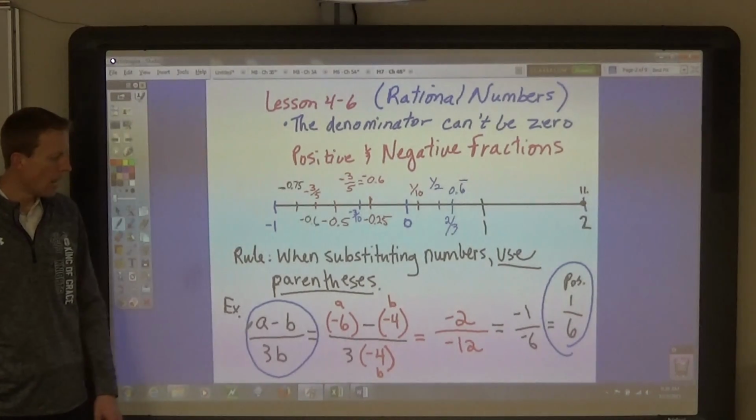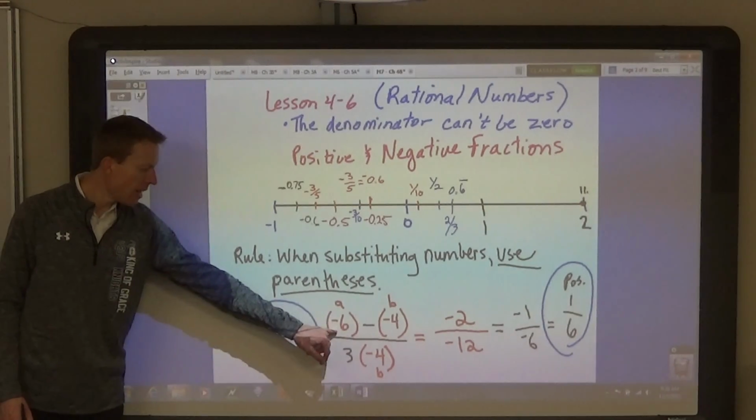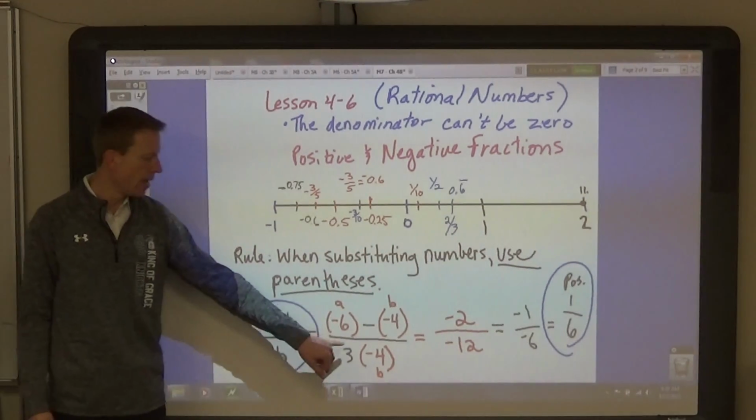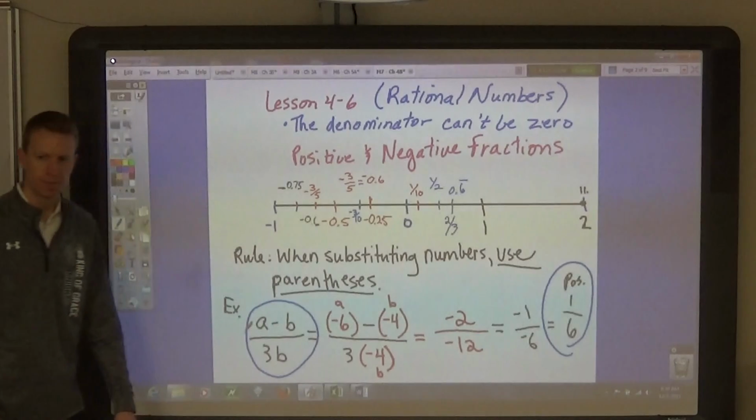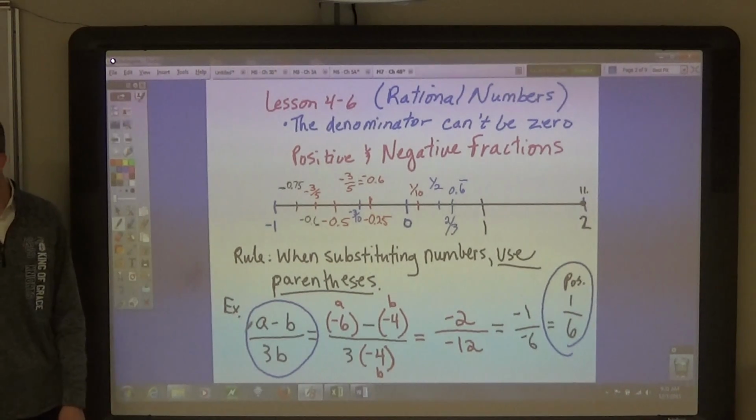Okay? And then it says, let's say that A is negative 6 and B is negative 4. So you're going to substitute the numbers in and figure out what the answer is.